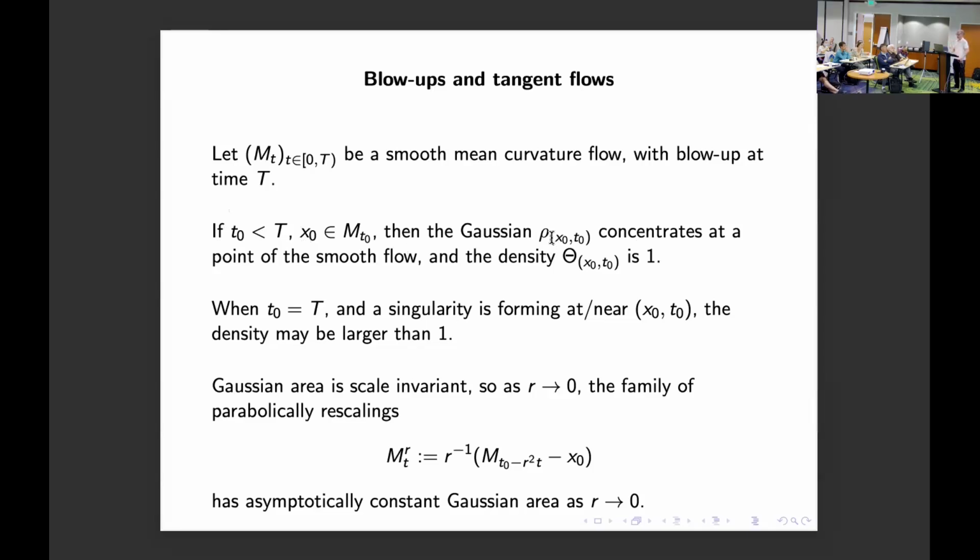It's not hard to convince yourself that since this corresponds to a two-dimensional Gaussian, in the limit the density is going to be equal to 1. On the other hand, if you take t0 to be the blow-up time, you might have a singularity forming near this point in space-time, and then the density could be strictly larger than 1.